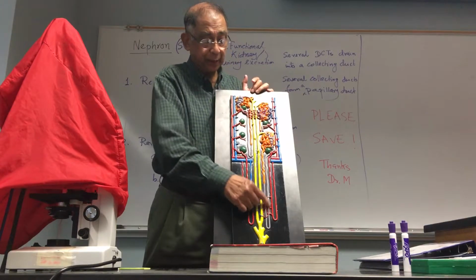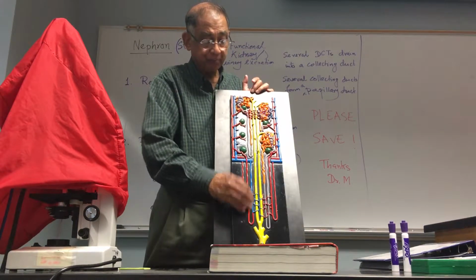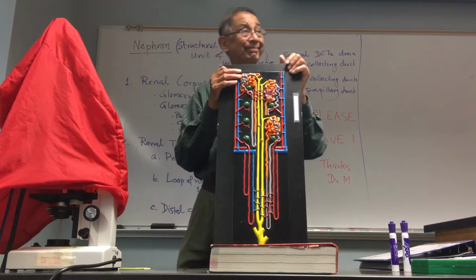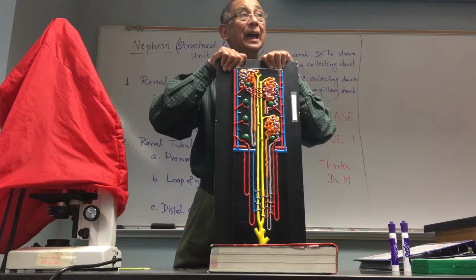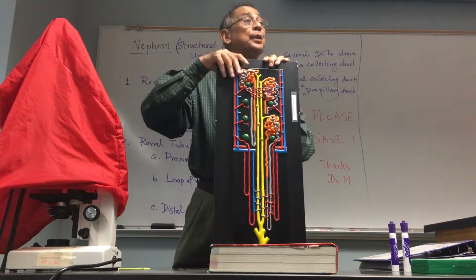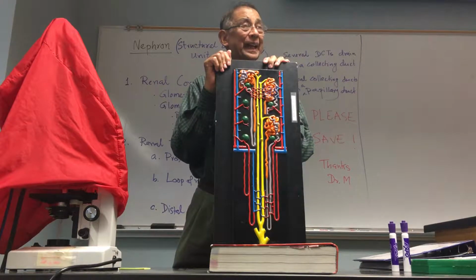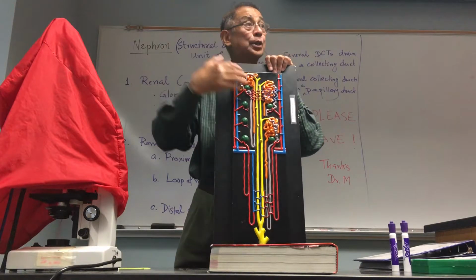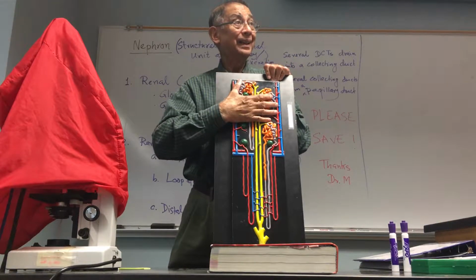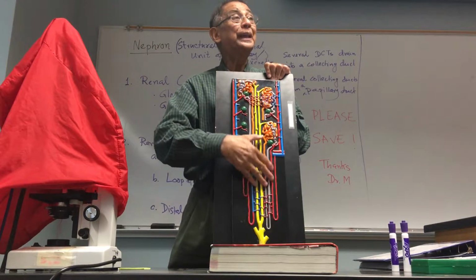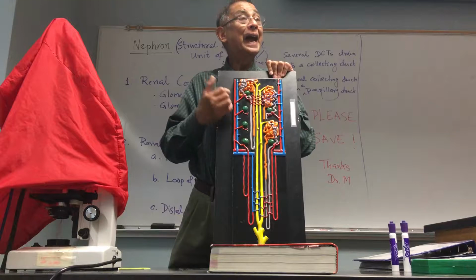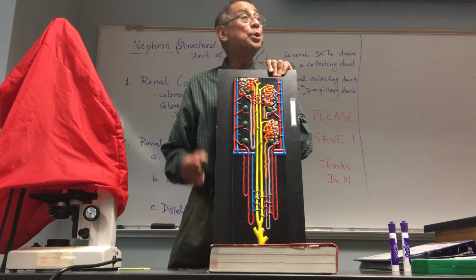These are peritubular capillaries. These capillaries are meant for absorption because about 99% of the filtrate that is produced will be absorbed into the kidney tubules and 1% will be excreted as urine.